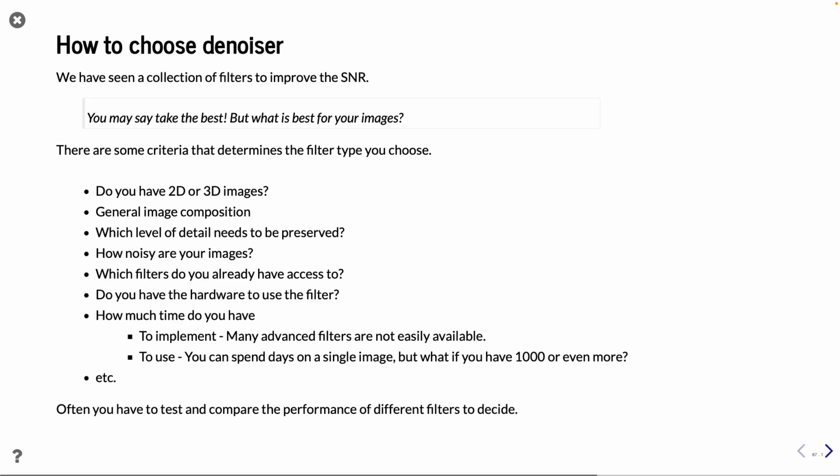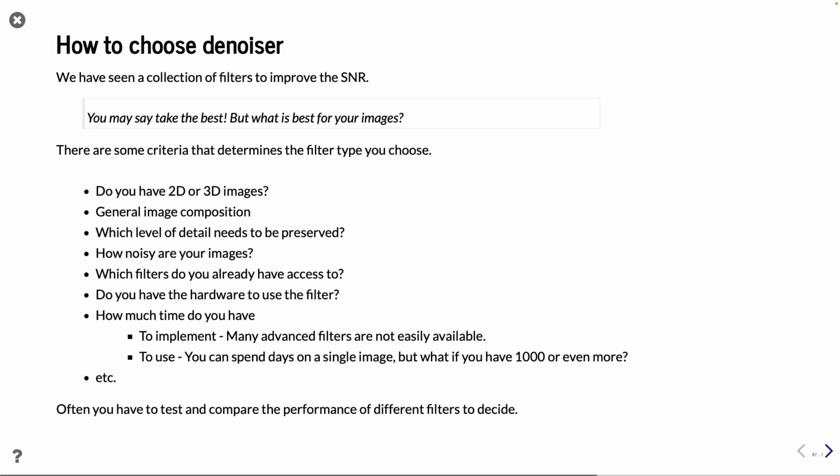And when you want to choose it, you have first of all to say, do you have a 2D or 3D image? You have to have some idea about the general image composition. Is it a lot of flat regions? Do you have gradients? Do you have lots of fluctuations in the image? Also, which level of detail you want to have preserved and how noisy your images are.